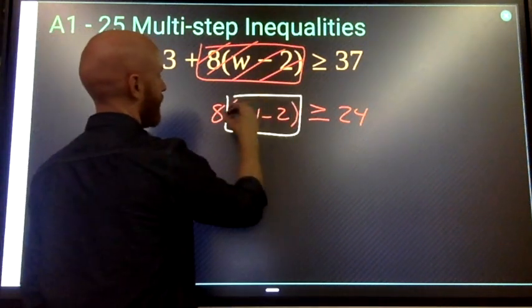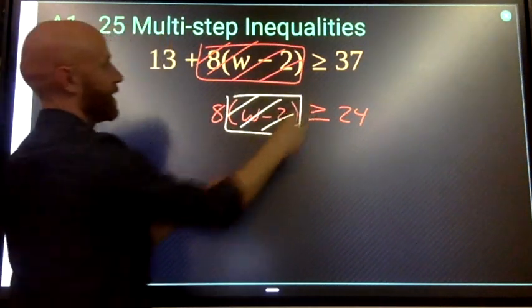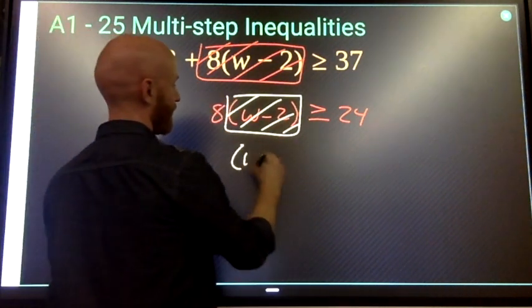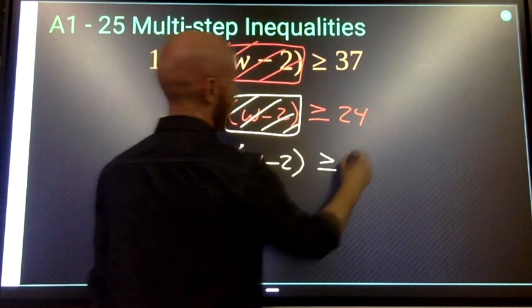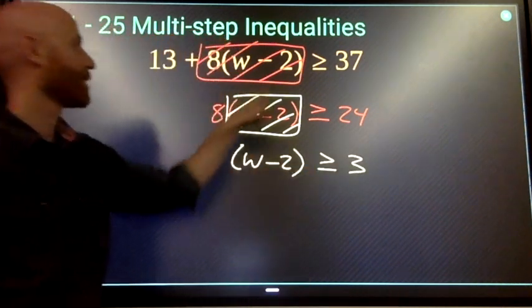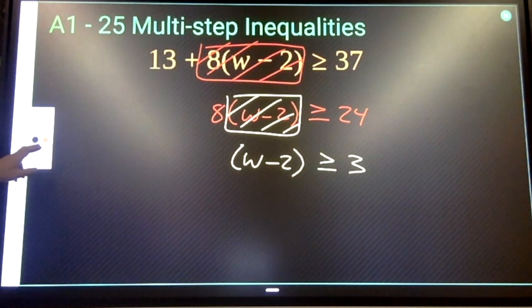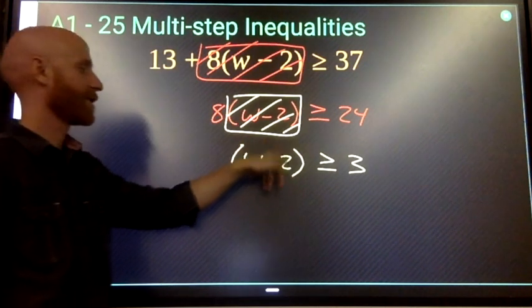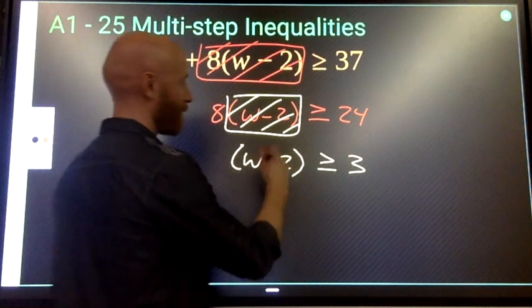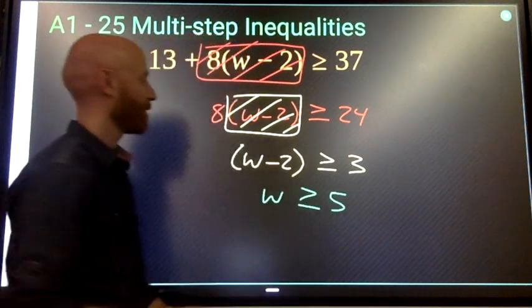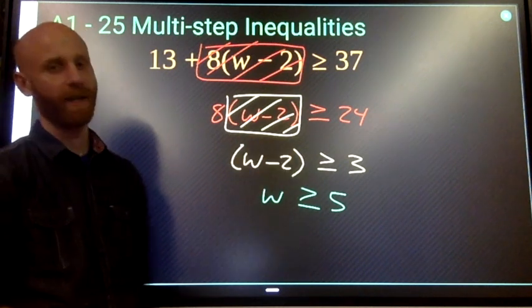Some number times 8 is bigger than 24. That means what's in the box has to be bigger than 3. 3 times 8, 24. Some number minus 2 is bigger than 3. That means that number needs to be bigger than 5. 5 minus 2 is bigger than 3.